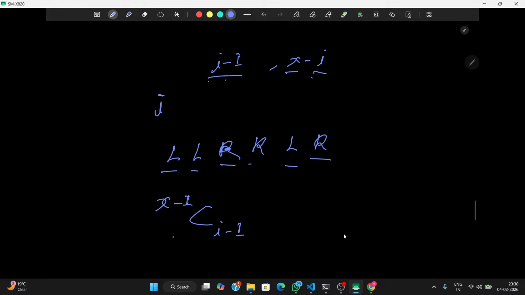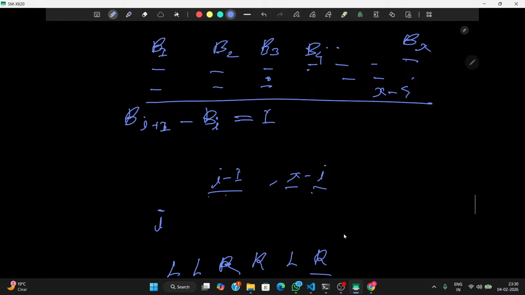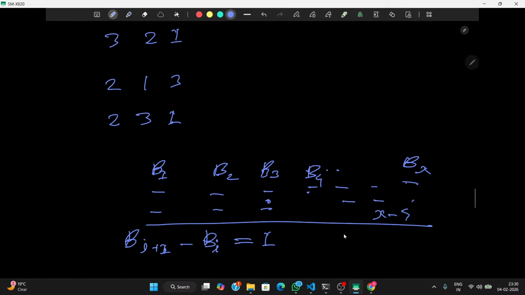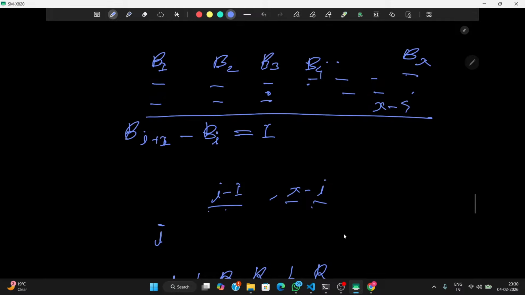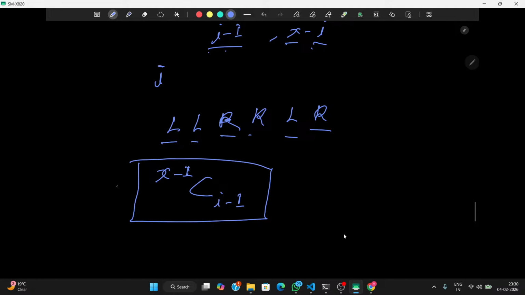This will be the number of ways in which we can arrange this particular array starting from an index i. Now we can take i to be anything from 1 to x, right? So we will simply take the summation from i equal to 1 to i equal to x.